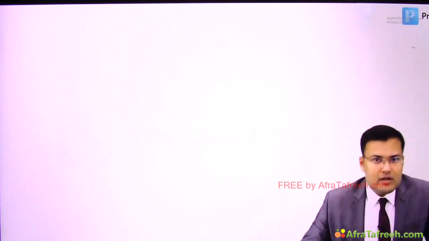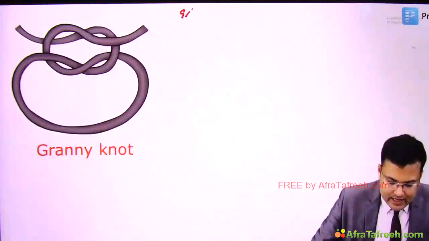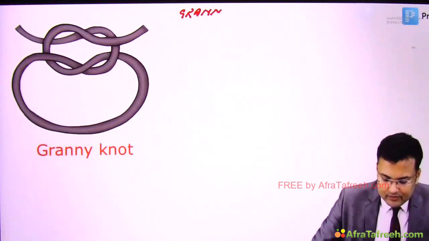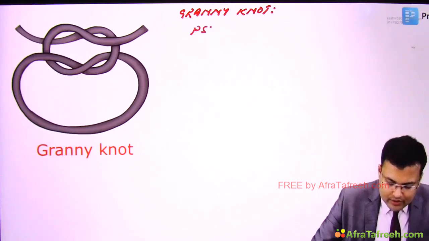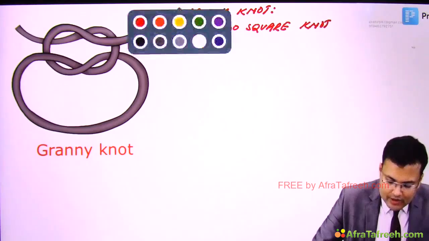So this is granny knot or pseudo square knot. And granny knot or pseudo square knot is not a very stable knot. So this is granny knot, also known as pseudo square knot. Clear? And you saw that how many throws are there?